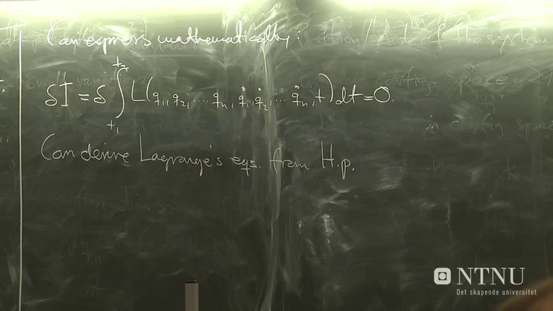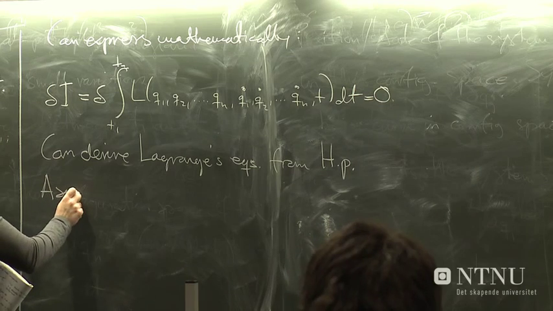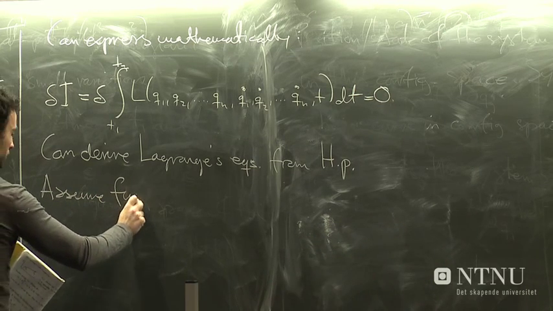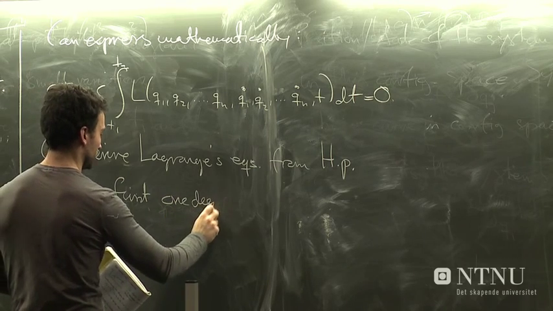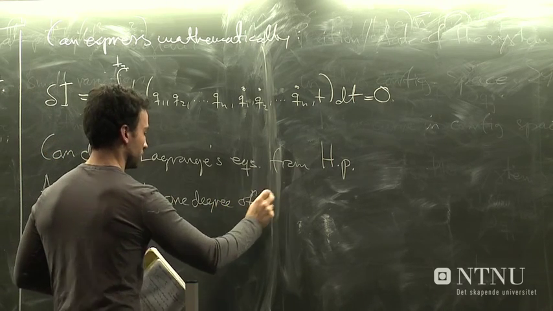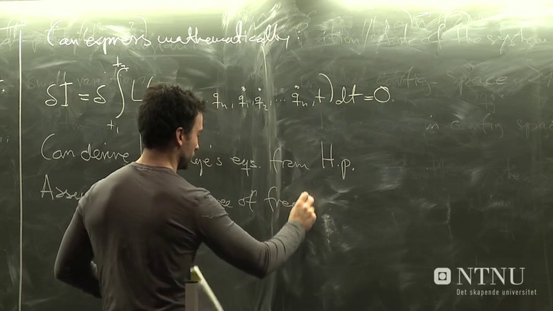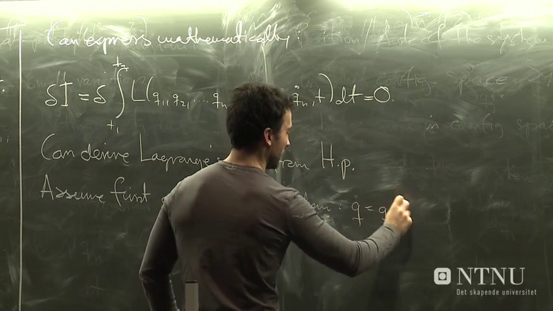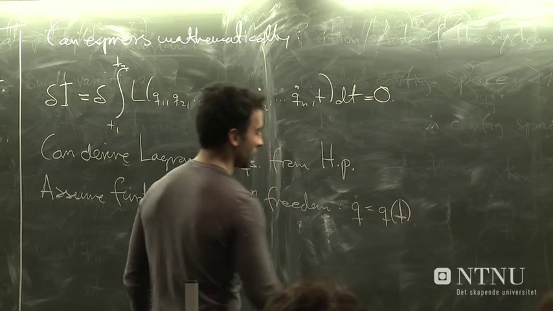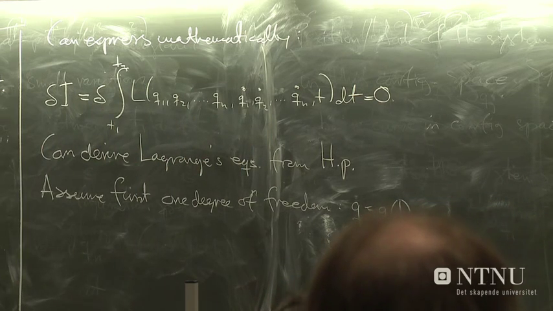Now, to keep it neat and tidy and just simple to begin with, we'll assume that there's 1 degree of freedom. So there's 1 generalized coordinate Q.